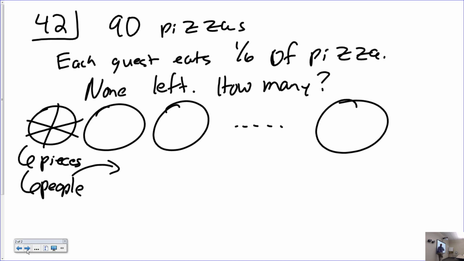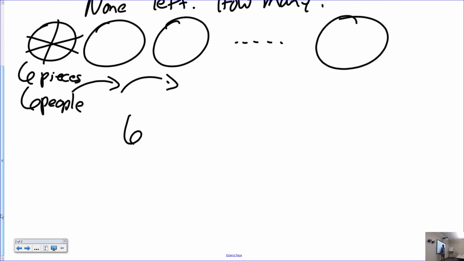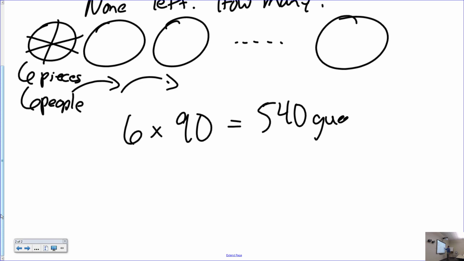Third pizza. Same thing. How many pizzas do we have? 90. If we've got 6 people per pizza and 90 pizzas, what are you going to do? Times. 6 times the 90 pizzas. Holy crap, I got that way wrong.